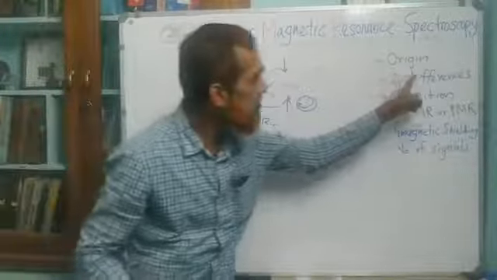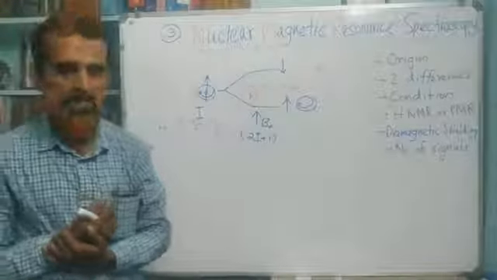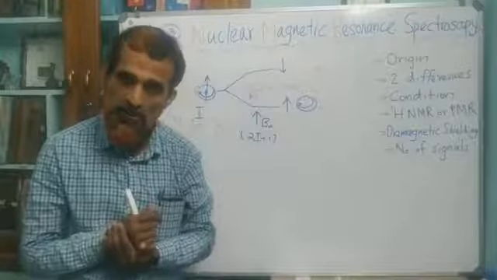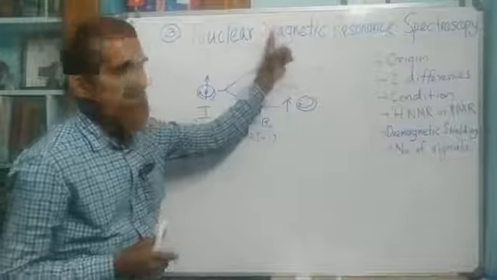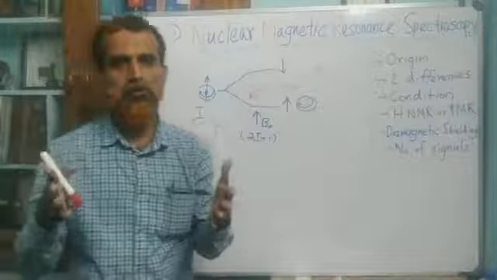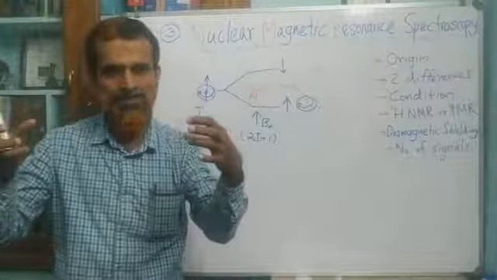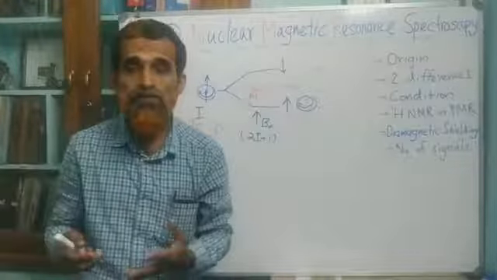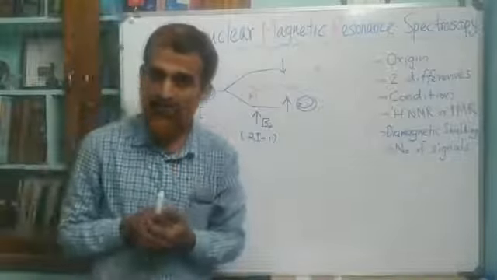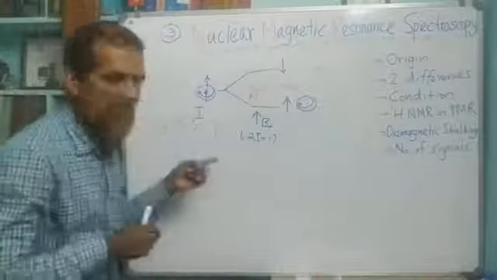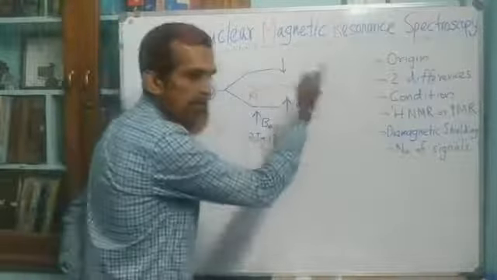There are two main differences between other spectroscopy techniques like IR and UV visible compared to NMR. One is that the interaction here is of magnetic type. We know in spectroscopy there is interaction between electromagnetic radiation and the molecule or matter, which can be of two types, electrical interaction or magnetic interaction. In UV visible and IR, it was electrical interaction, but here it is magnetic interaction between the radiation and the nuclei.